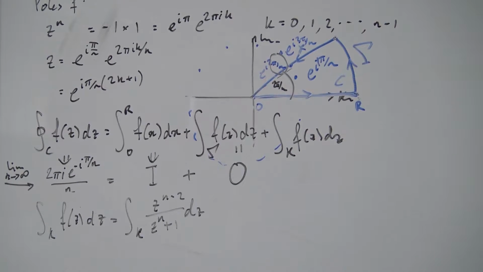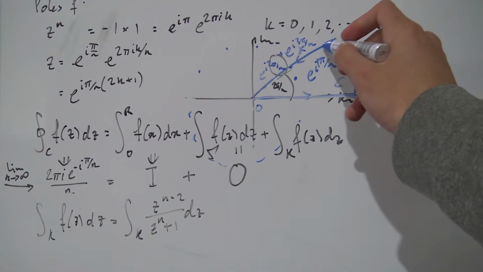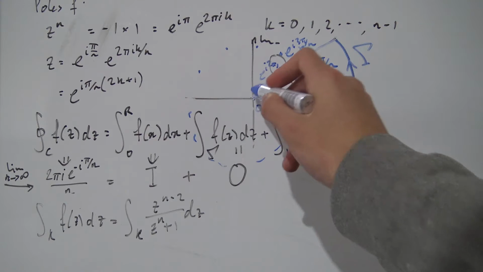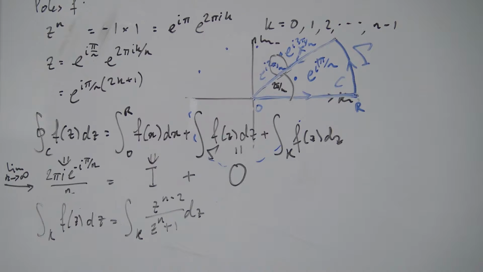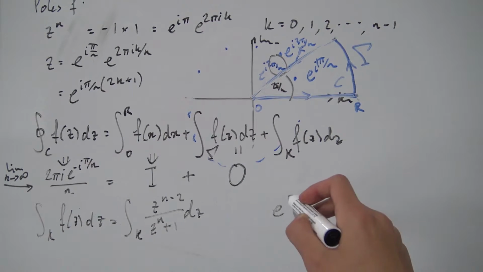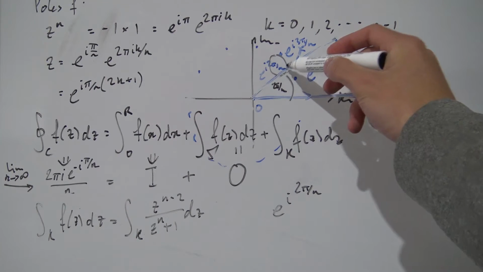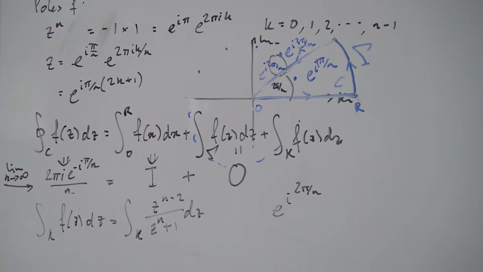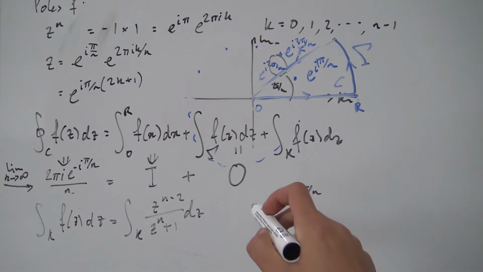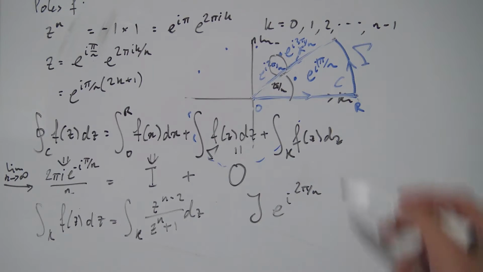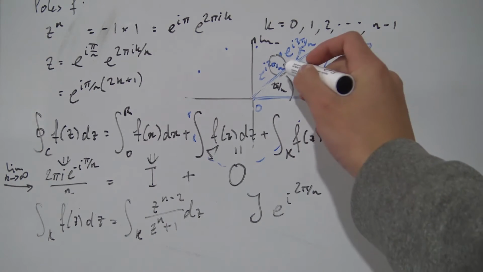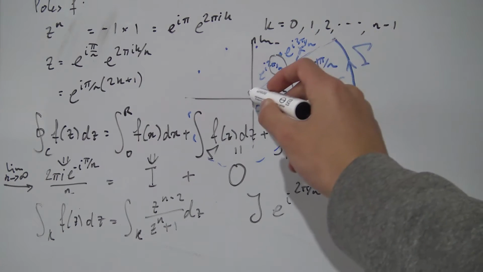Well, notice for our kappa, we're walking along this line right here. So we're walking along that path. So how can we parameterize our integral to be on this path? Well, if you just consider e to the i 2 pi over n, which is one of the points that this path passes over, then if you multiply it by some scalar, let's just call it j, that's going to move that point backwards and forwards along that line.